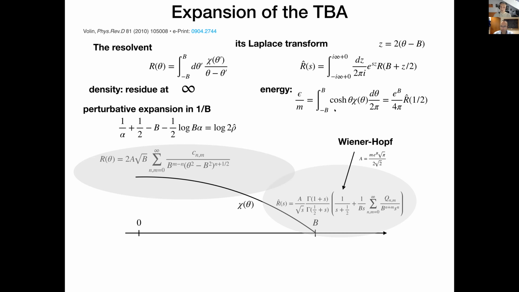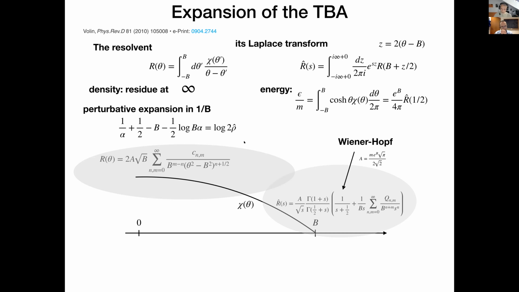But if you check it carefully, the coefficient of e to the minus 2b, you will see it's 0 actually. Somehow it comes from a residue of a pole, and then this residue happens to be 0. So now, maybe it's e to the minus 4b, or maybe even higher. Okay, thanks.